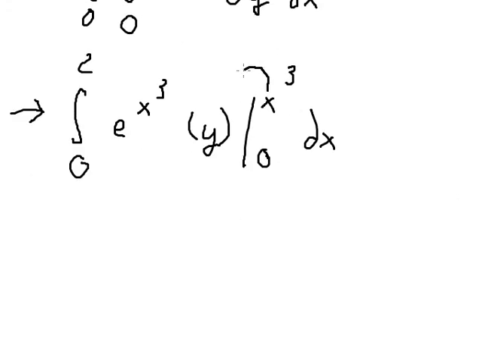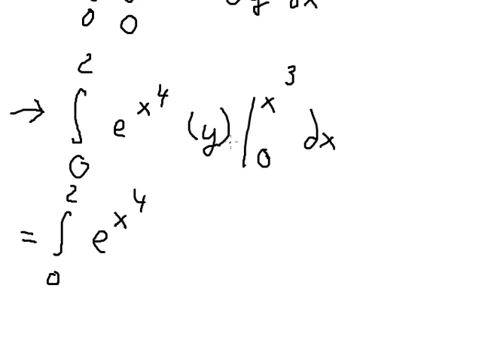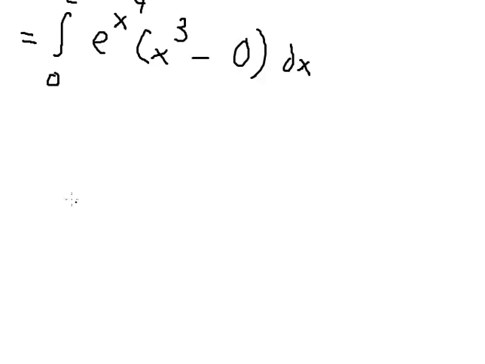So I will put this one here and this one here. Oh, sorry, this is number 4, not number 3. So we have s to the power of 3 minus 0. If we simplify, you get like this.